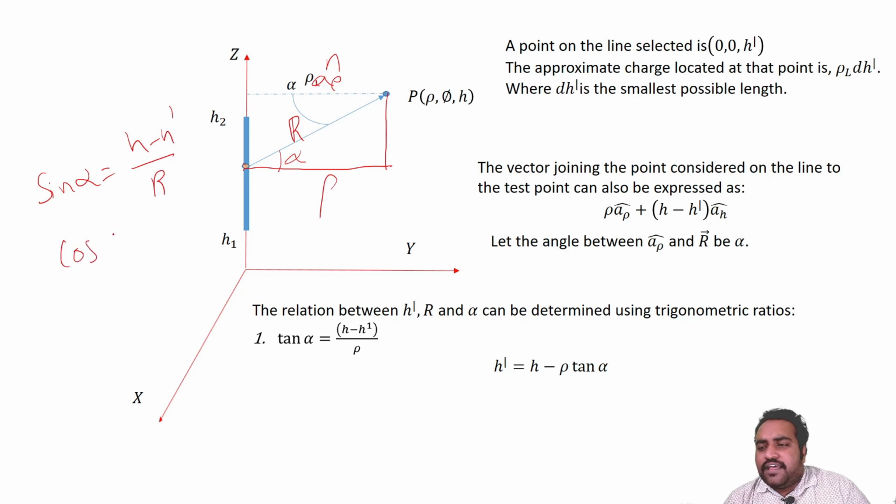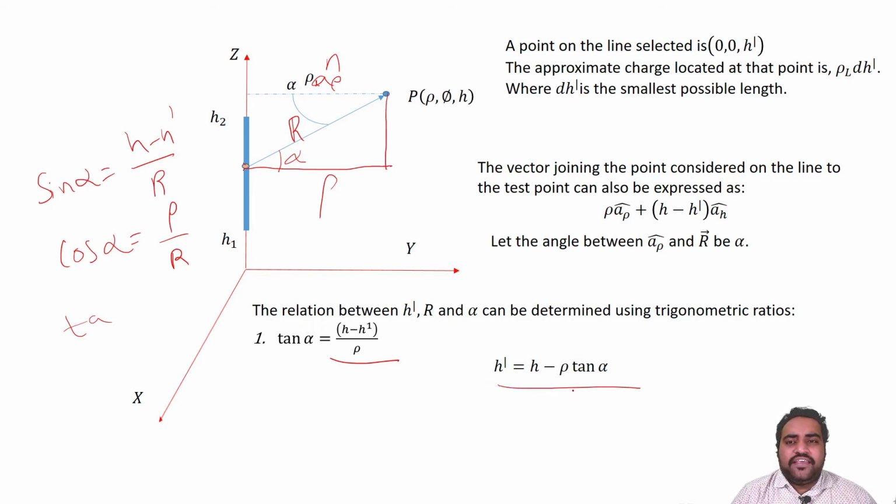Cos alpha would be rho by r. So tan alpha would be h minus h prime by rho. So I can also say h prime is h minus rho tan alpha.